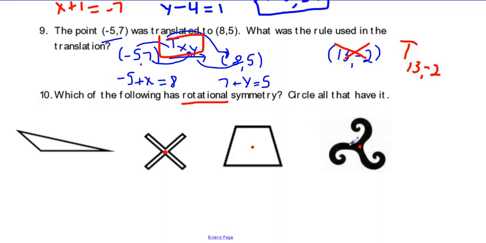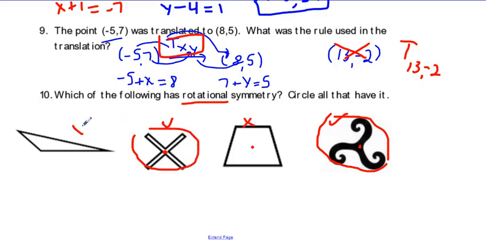So you could turn it and have it map onto itself. We have this one here, and this one here that have rotational symmetry. So 1, 2. Not this one, and certainly not this one. Let's go to the next page.